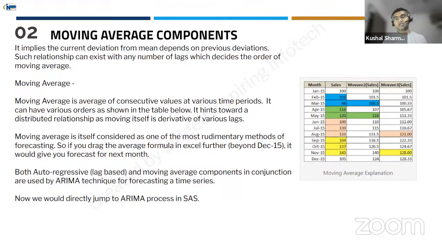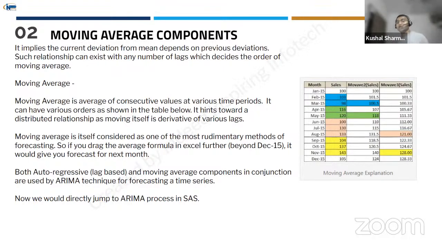So how much do you consider? Two blues are considered, two greens are considered, then three yellows are there, so three are collected. So two can also be collected, three can also be collected. That is what we are trying to say, which defines the order.